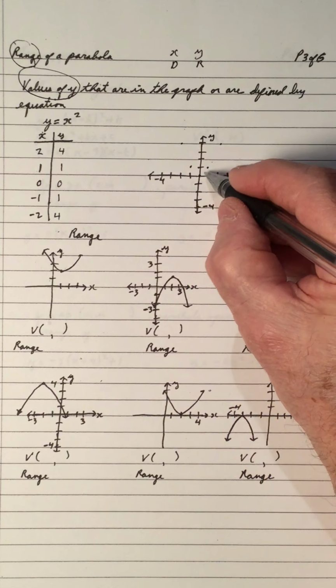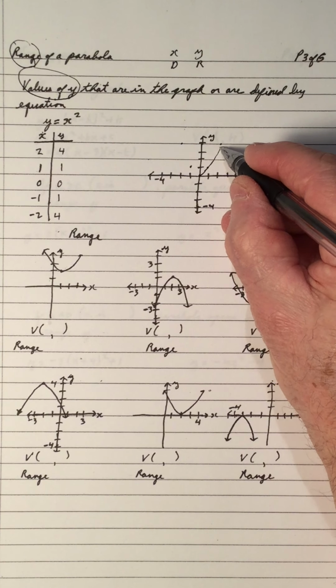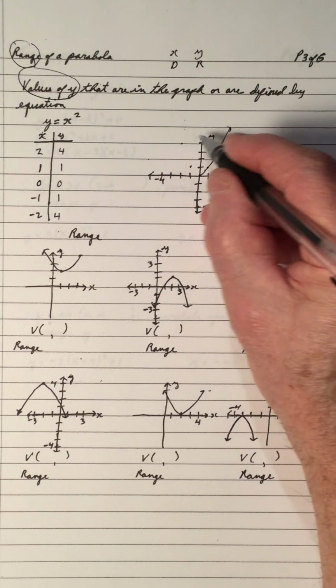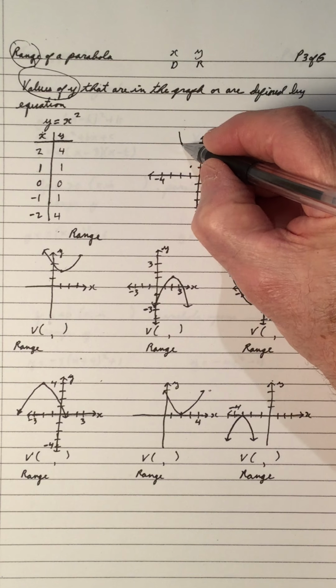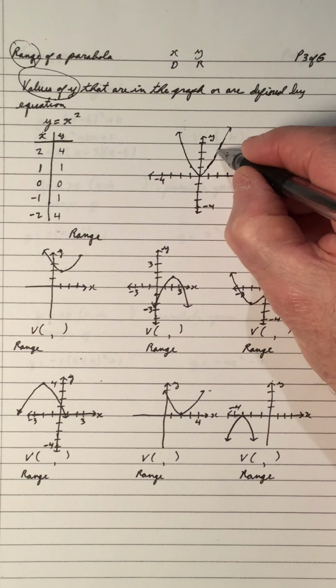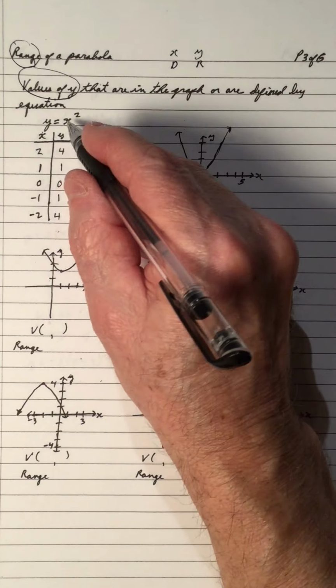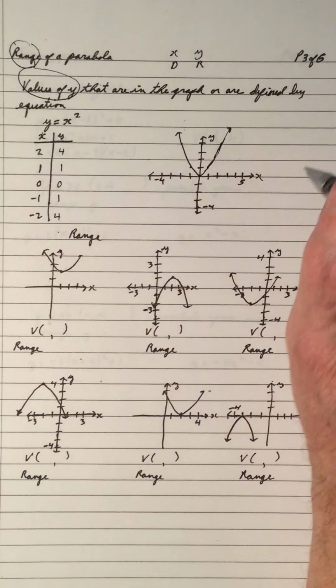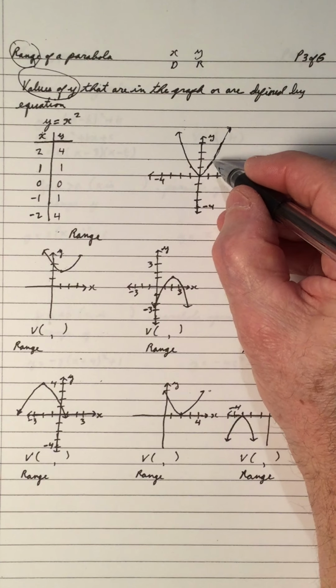I've done this so often, you should know now this is the equation of what they call the parent equation, or I call it the basic equation of a parabola. The basic equation, y = x², is the basic or parent equation.